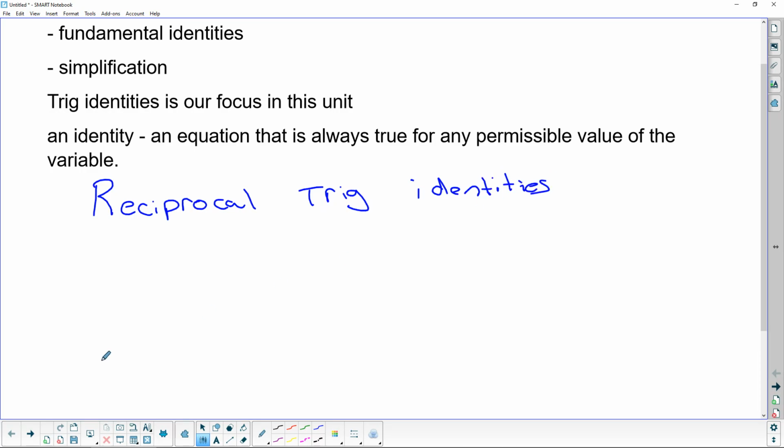Okay, so these are always true. The first one is cosecant, which is equal to 1 over sine x. Now the x can be any variable. Then we have the secant one, which is going to equal 1 over cosine x.